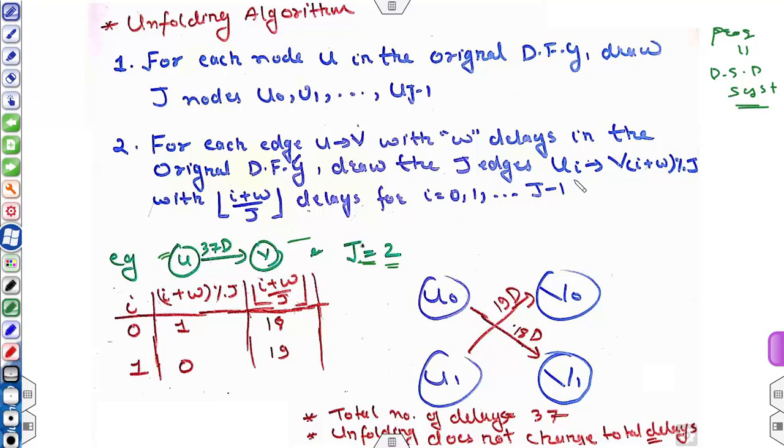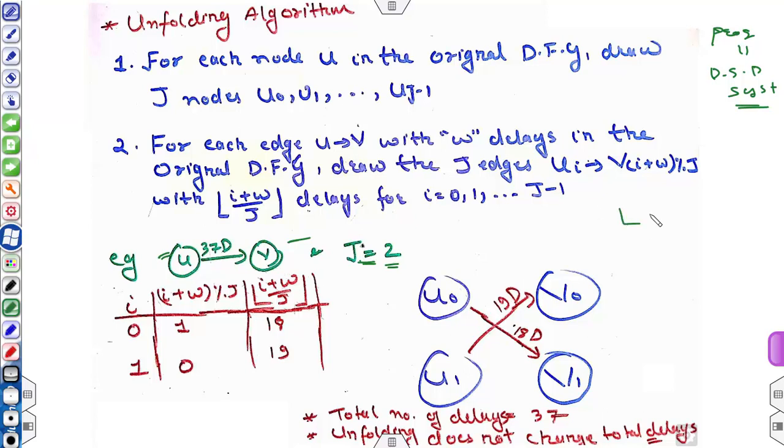And ui will be connected to v of (i plus w) mod j. What will be the weight of this edge? That is given by the formula floor of (i plus w) divided by j.